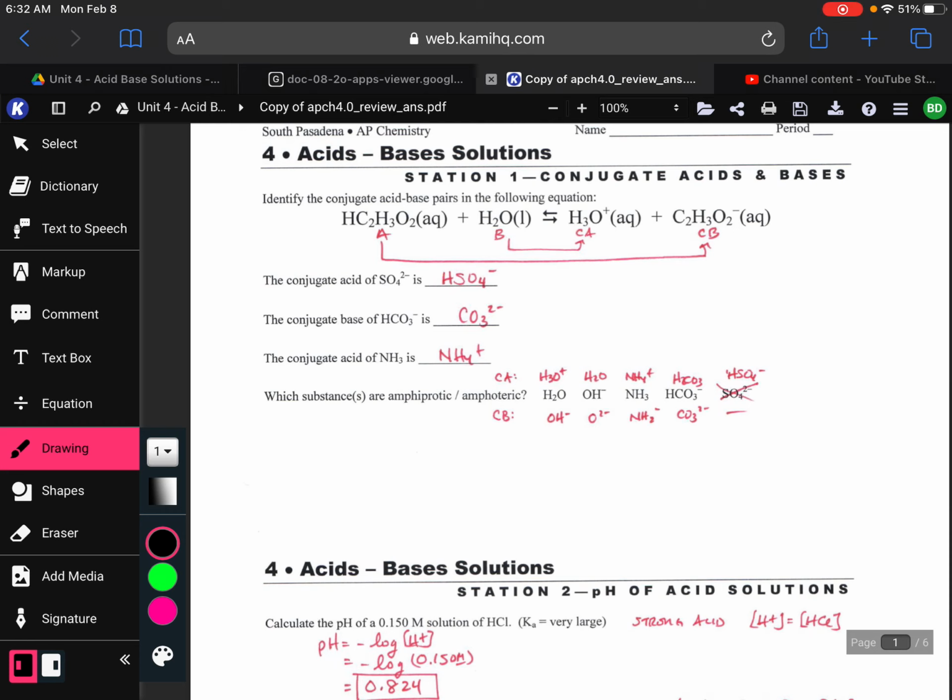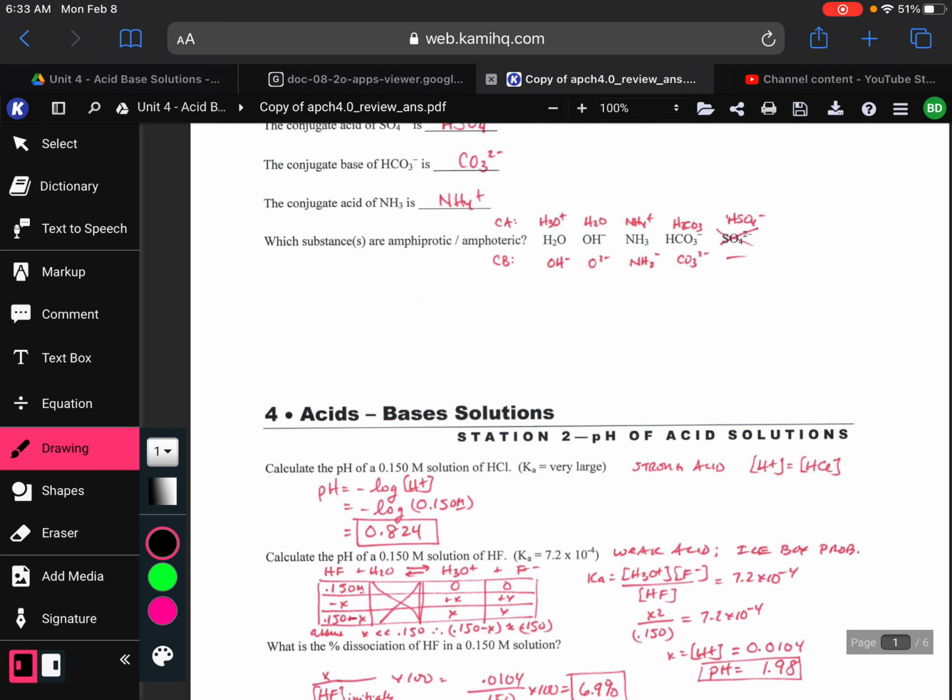It can be protonated, which shows it has one in the conjugate acid category. So it can accept a proton, it can act as a base, but it can't act as an acid because it doesn't actually have a proton to act as an acid. So that's why the last one's the only one that can't be amphoteric.